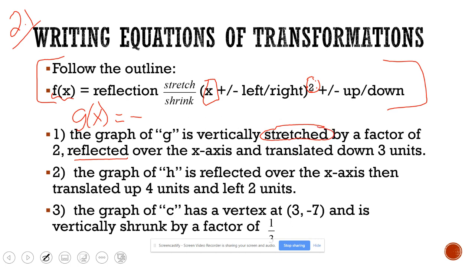And I have stretch by a factor of 2. So 2 goes here. Then I'm looking for right or left. I see no right or left, so I put x squared because we don't need this part. And then up or down. Well, it says down 3 units, so minus 3. And there's our equation.